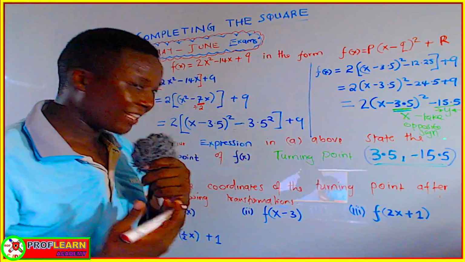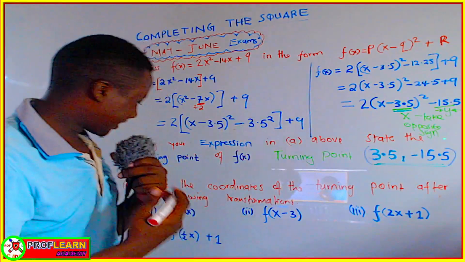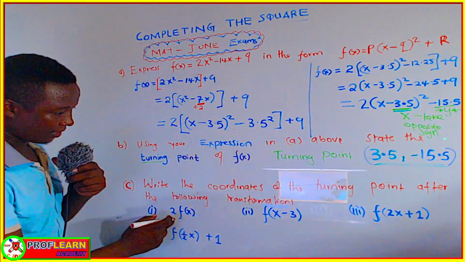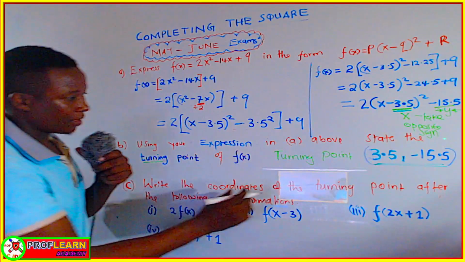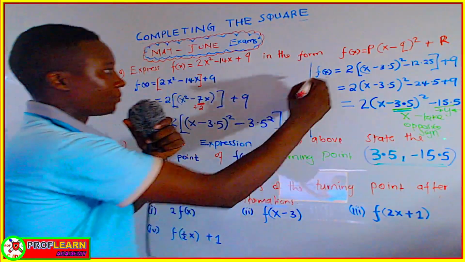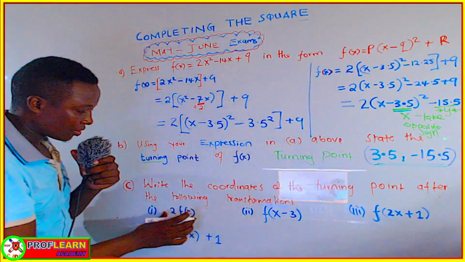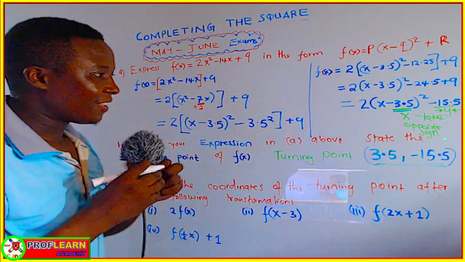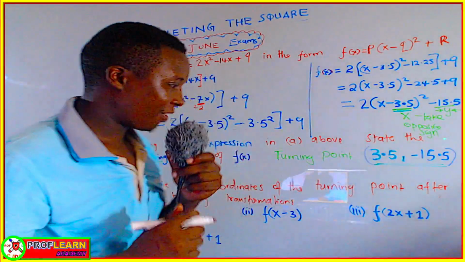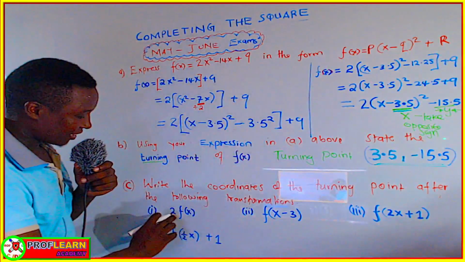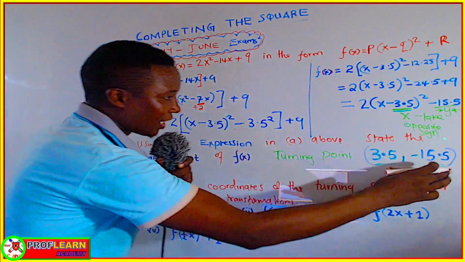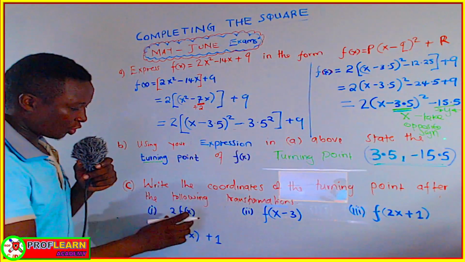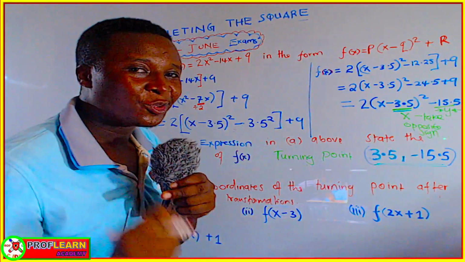Whenever you are working out a transformation that is outside the bracket, the bracket of the function, it means only the y values are going to be affected. So in this case, the y values of this turning point are going to be multiplied by 2. So the x coordinates are going to remain the way they are.